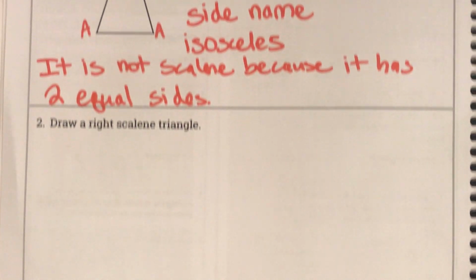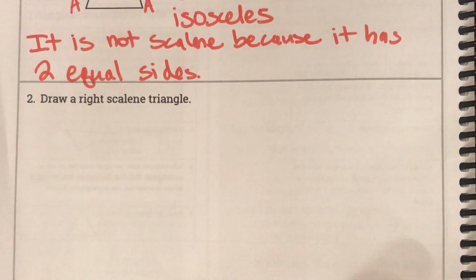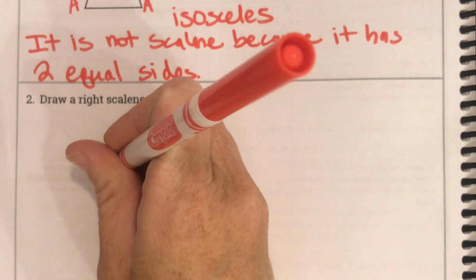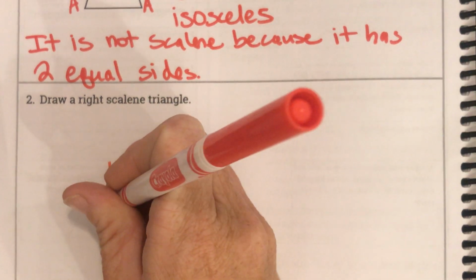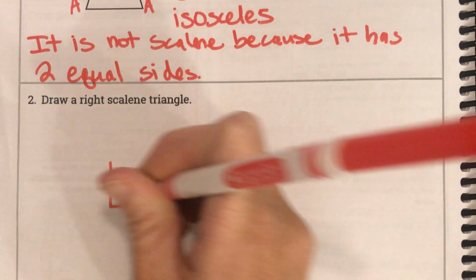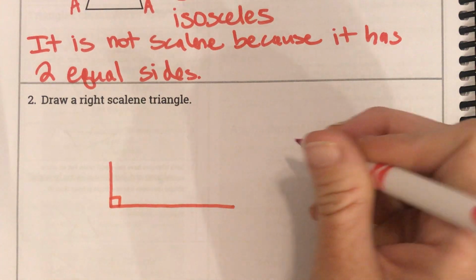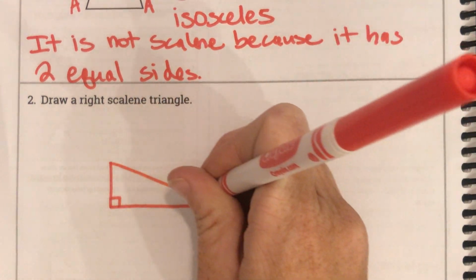Okay, my next one that I'm going to do for you asks me to draw a right scalene triangle. Okay. So right means it has to have a right angle. And scalene means none of the sides could be equal.